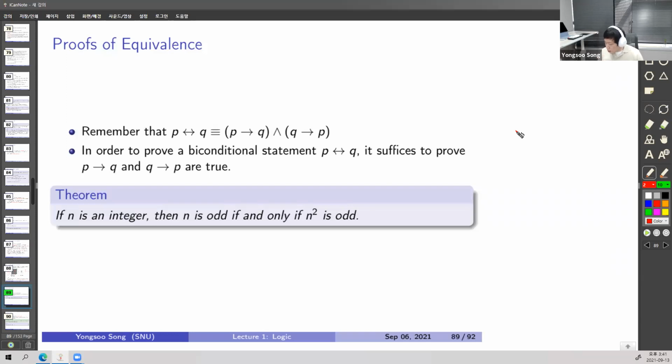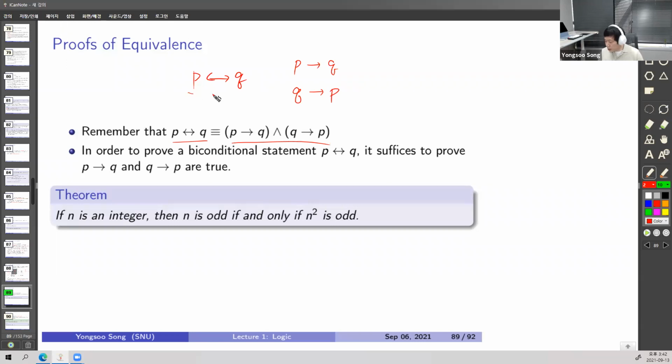Okay, and when you need to prove some proposition of this form, you can basically show both if P then Q and if Q then P separately, because these two propositions are logically equivalent.